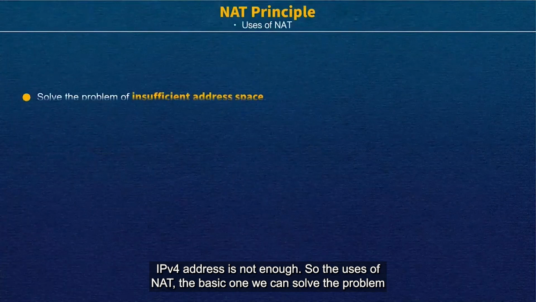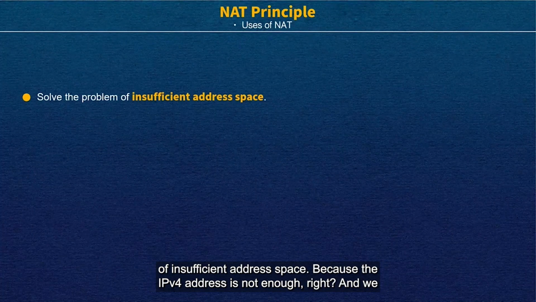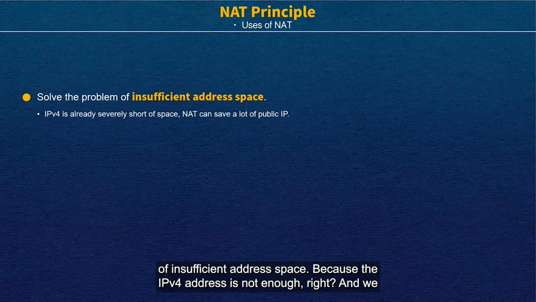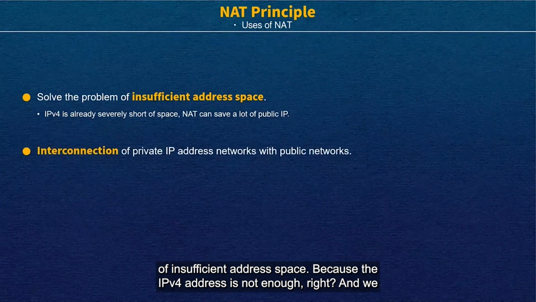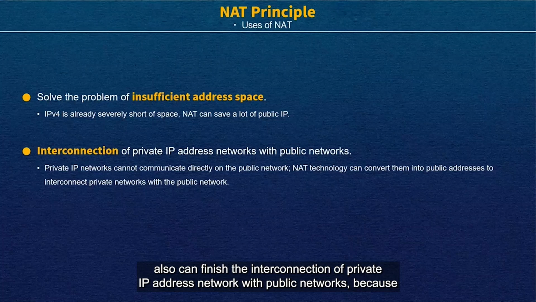So the uses of the NAT, the basic one, is that we can solve the problem of insufficient address space because the IPv4 address is not enough, right? And we also can achieve the interconnection of private IP address networks with public networks.